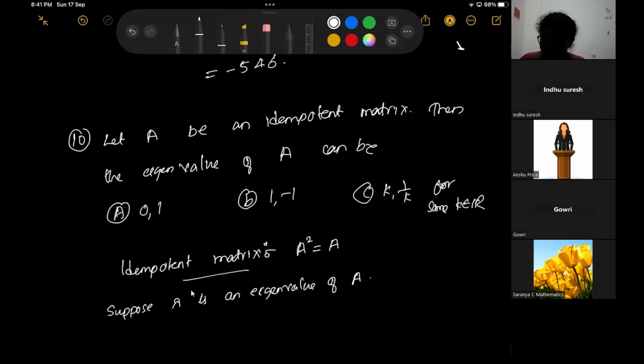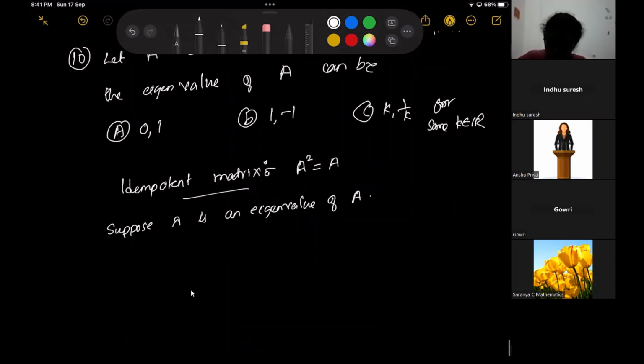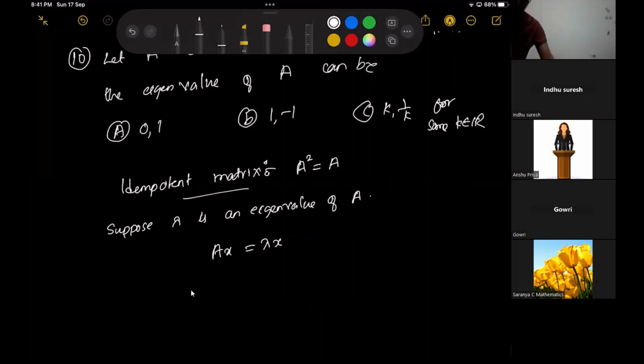If lambda is an eigenvalue of A, we can say Ax equals lambda x for some x not equal to 0.